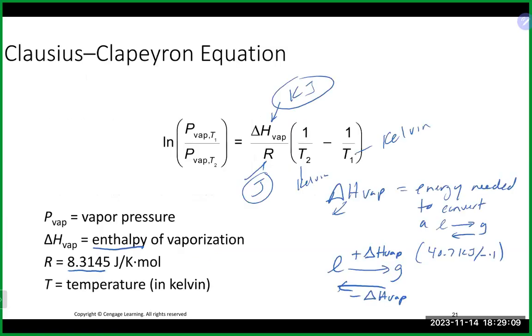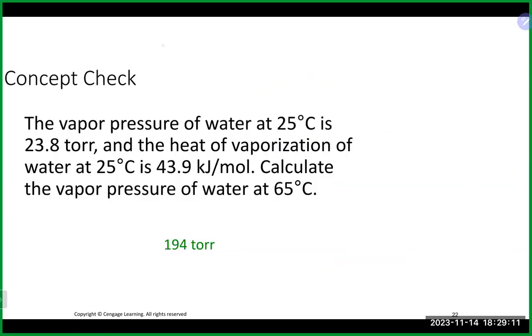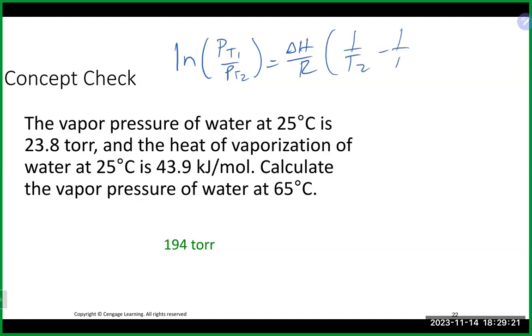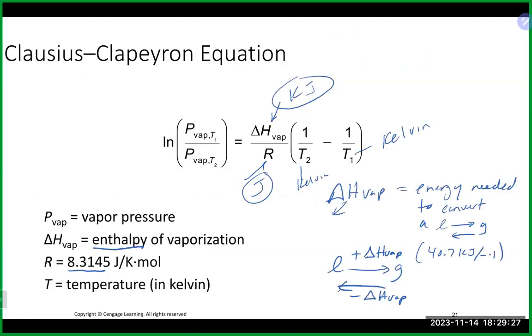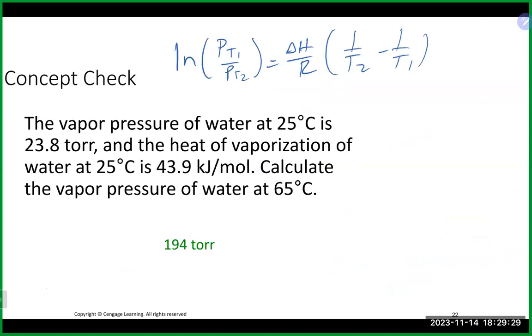So we can use, again, our equation here, which is the natural log of our pressure ratio is equal to delta H over R, times 1 over T2 minus 1 over T1. Truth be told, when you use this equation, it doesn't really matter which ones you call ones or twos, as long as you keep the temperatures and pressure values that go together.